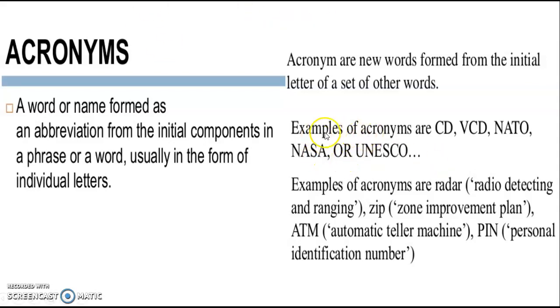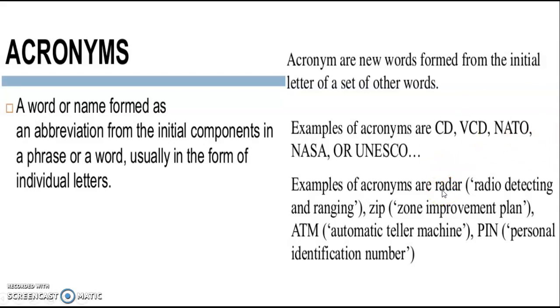It says examples are CD, VCD, NATO, NASA, UNESCO, those institutions or those things that we use daily that are too complicated to pronounce entirely. This is acronym. It's to make them shorter.